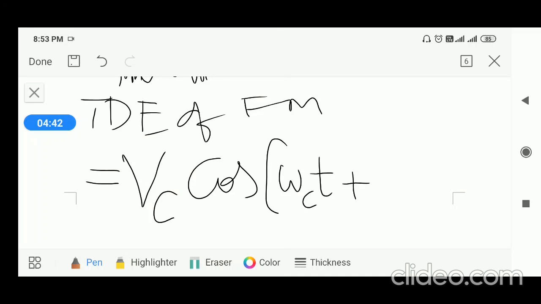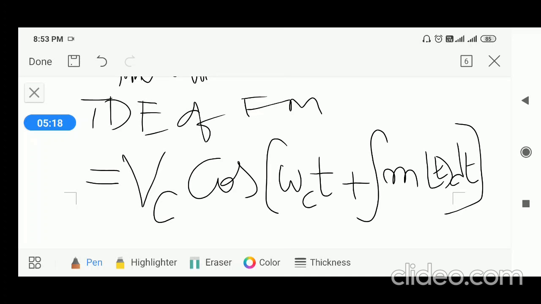But as it is inside the angle, we should add a quantity whose units are same as angle. That is why you should integrate m of t, modulating signal of t into dt. When you integrate m of t, you will get theta that can be easily added with omega ct. This is one of the time domain equation.